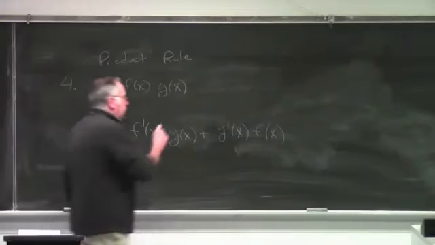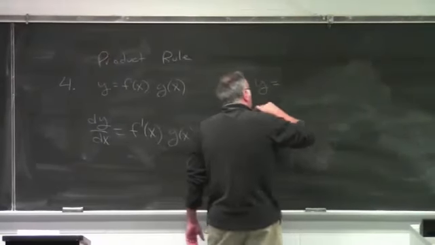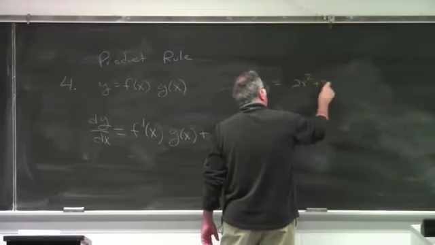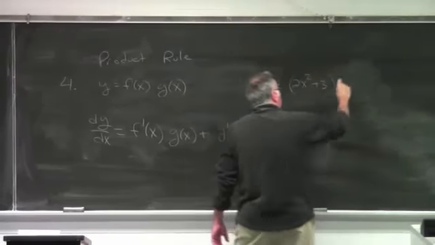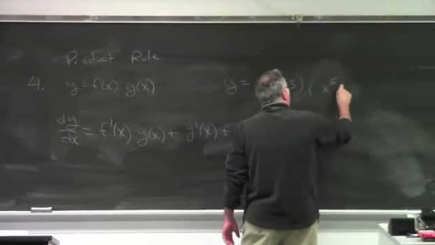Let's suppose y is equal to 2x squared plus 3 times x to the 5th plus 2.